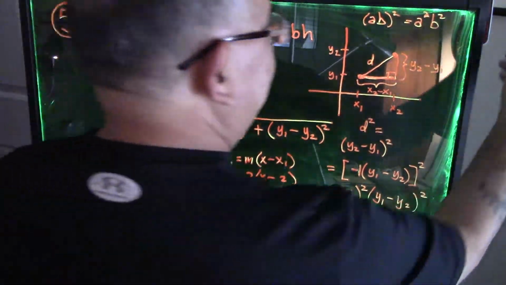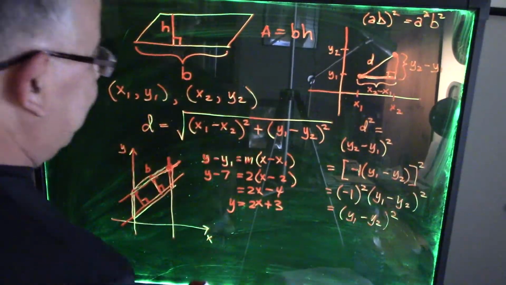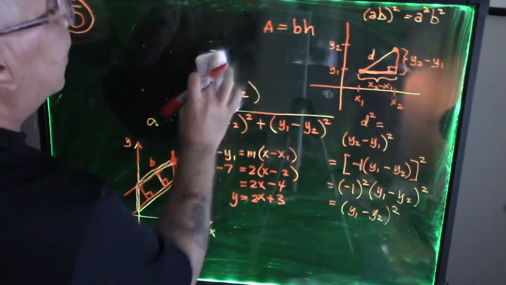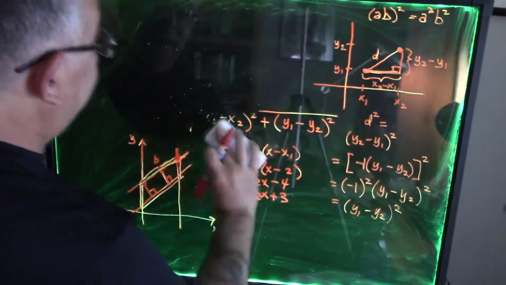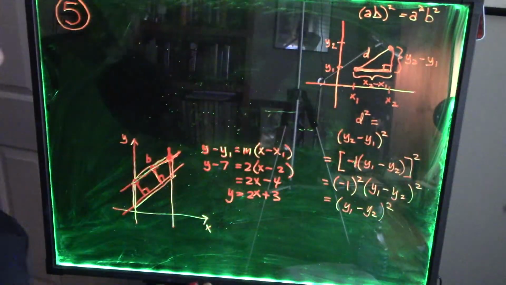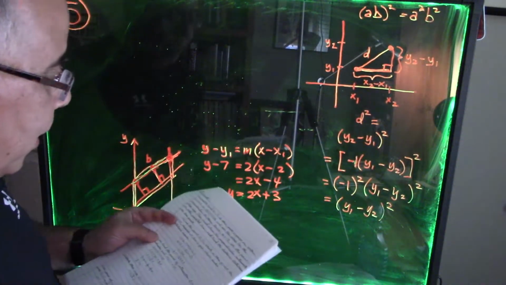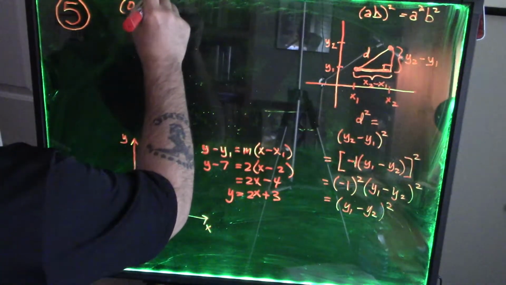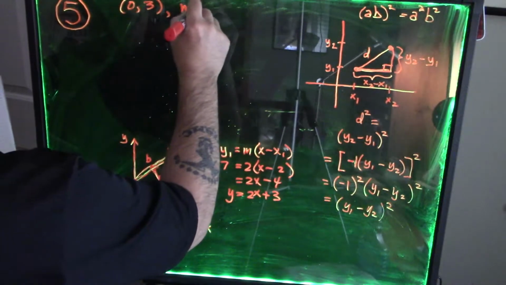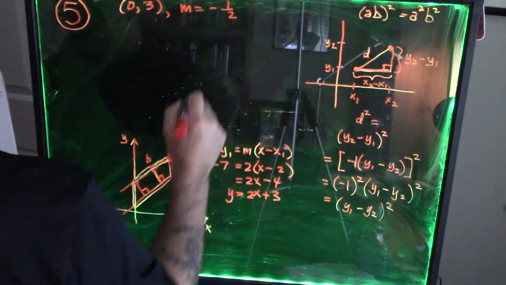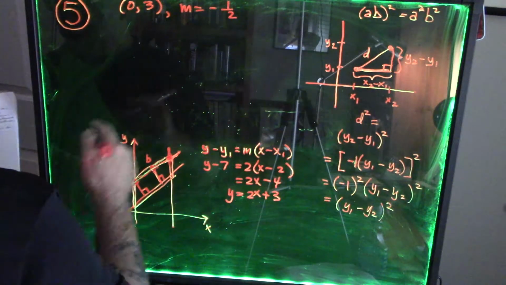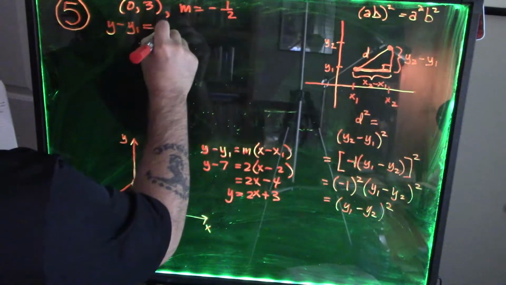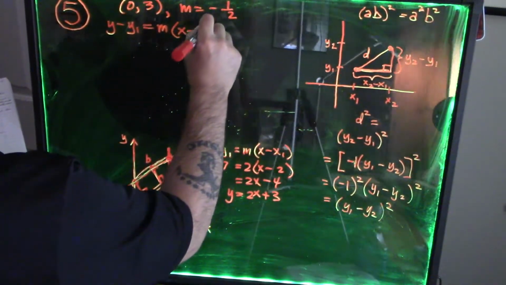First, I'm going to have to do a little erasing. Okay, so we're using the point 0, 3 and m equals -1/2. You can use the point slope equation once again: y minus y1 equals m times the quantity x minus x1.